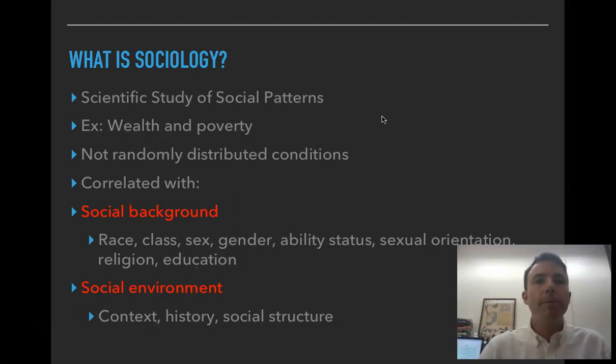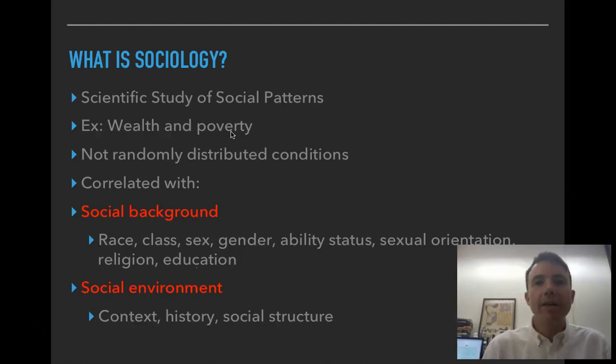So we're looking at a couple of social conditions, wealth and poverty. Wealth is the state of having resources or an abundance of resources, and poverty refers to a state of lacking resources, financial resources primarily.